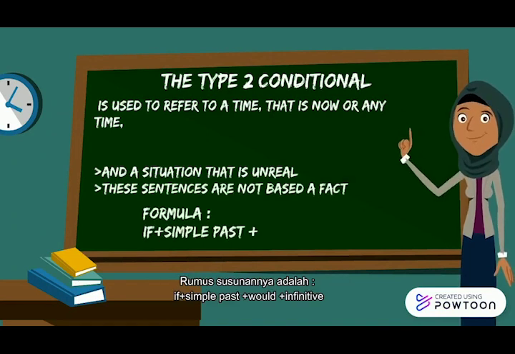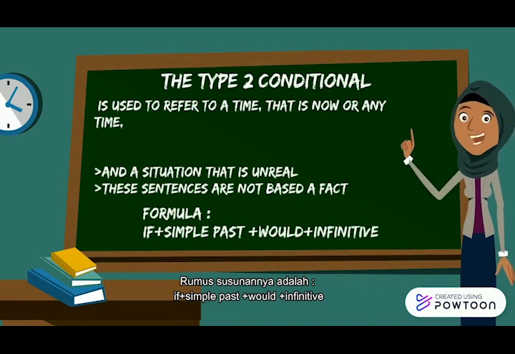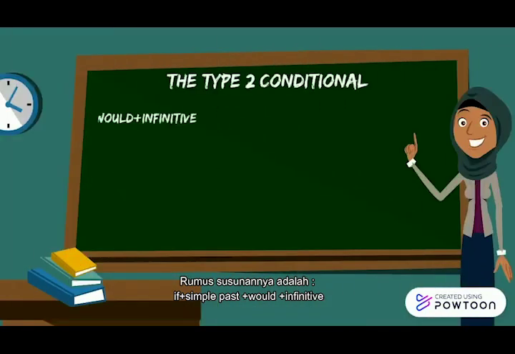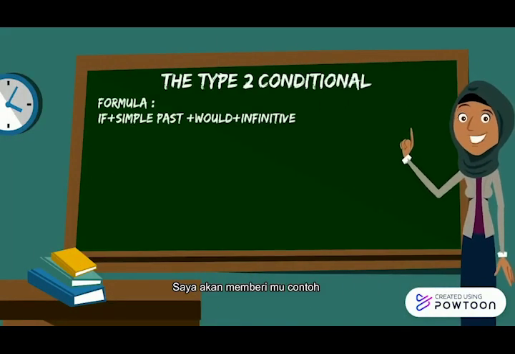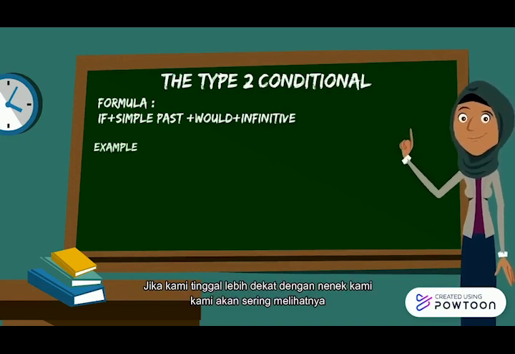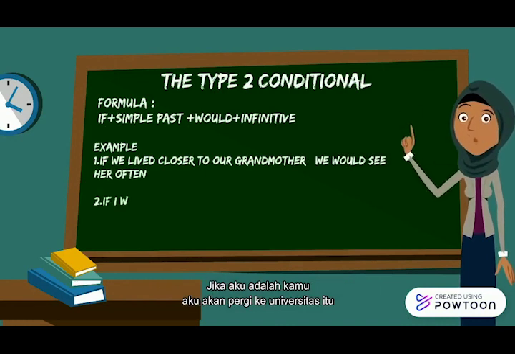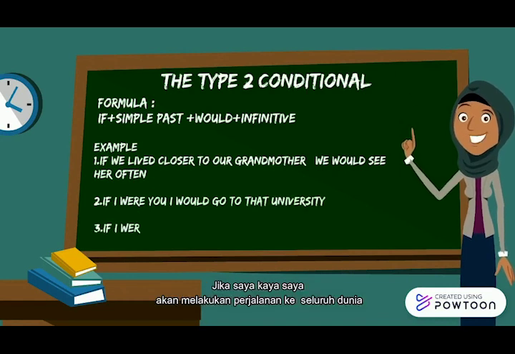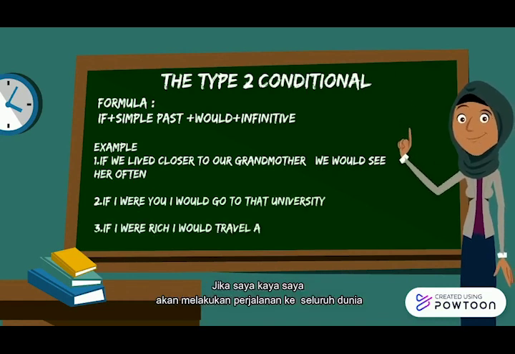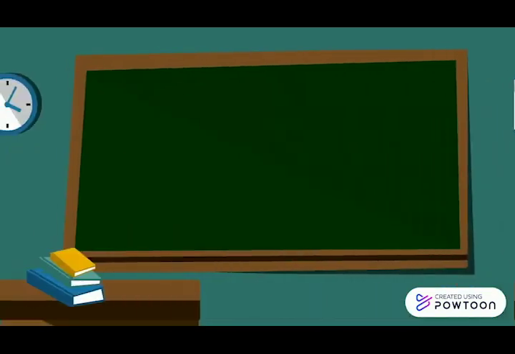The formula is if plus simple past, would plus infinitive. I will give you some examples. If we lived closer to our grandmother, we would see her often. If I were you, I would go to that university. If I were rich, I would travel around the world.